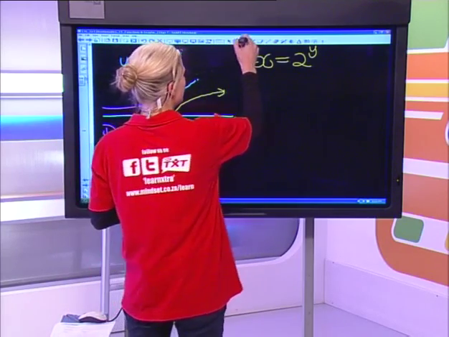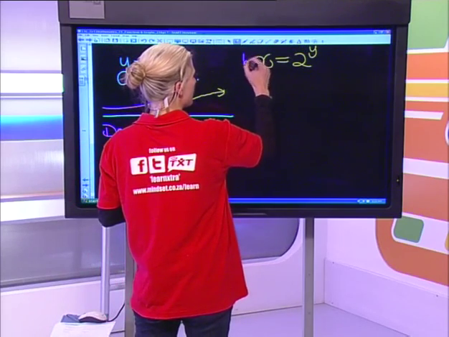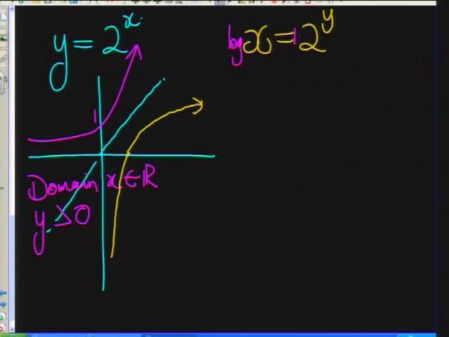Now, there's a process involved in making y the subject of the equation. You don't have to ever show this, but I'm going to quickly go through it. Basically, what we'll do is we'll insert a log on either side. Then we will use the log law that says if I've got log of b to the power a, I can write it as a log b. So basically, that allows me to bring that y in front.